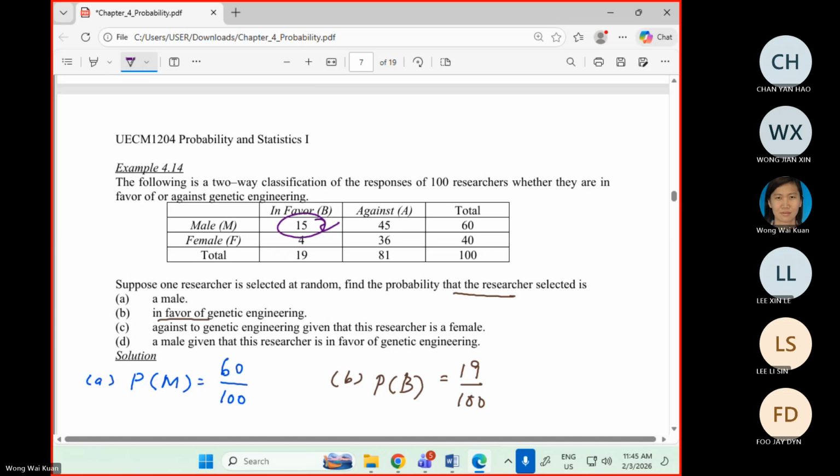They are male and in favor, right? So male and in favor, 15, is out of everybody, am I right? So therefore I can say 15 over 100 is the probability of what? So it's male and in favor. What is this symbol just now? Intersection.